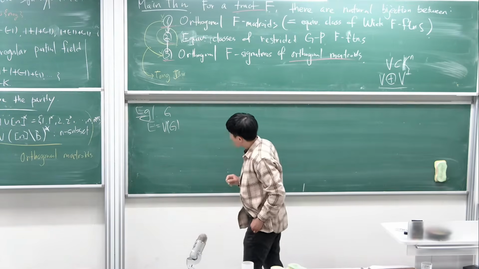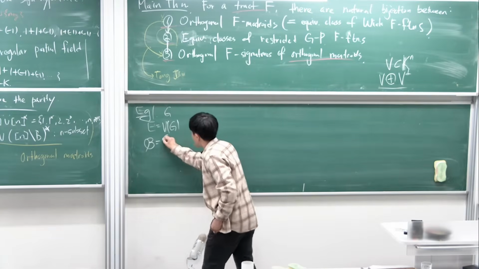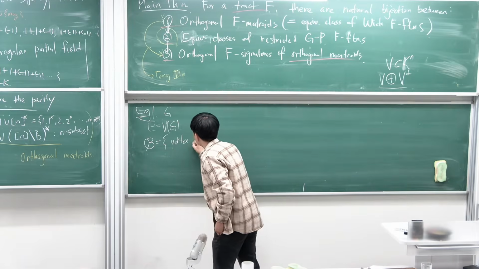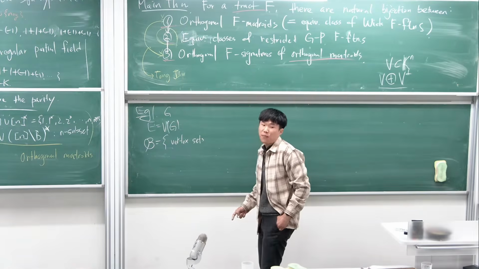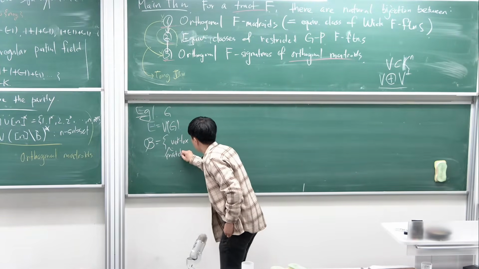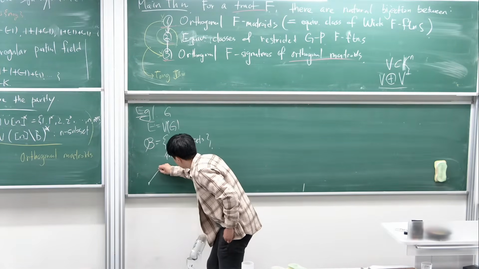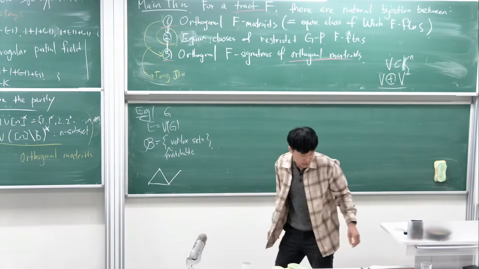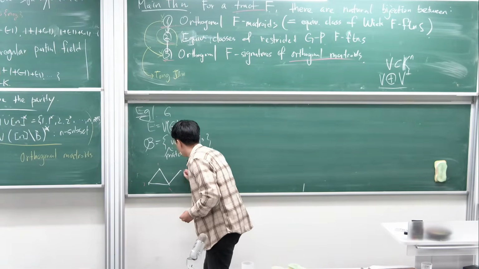And then our set of the bases is some set of vertex sets which are precisely covered by some matchings. What I mean is, for example, our graph looks like this, indexed by 1, 2, 3, 4.